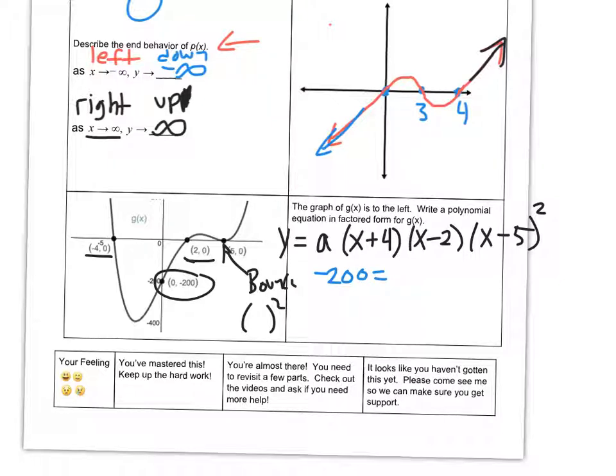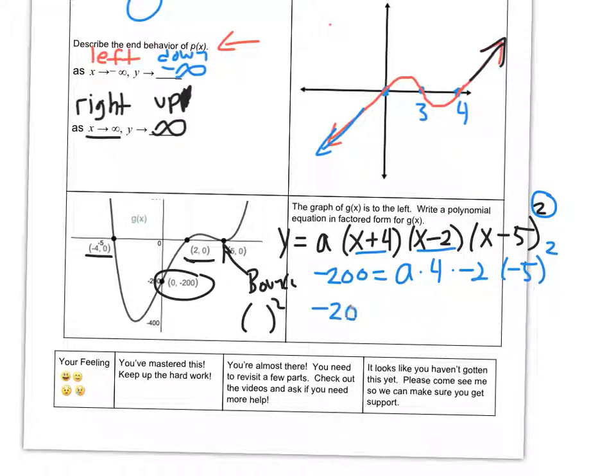So that gives us negative 200 is equal to a, whatever number that is, times 0 plus 4, which is 4, times 0 minus 2, which is negative 2, and 0 minus 5, which is minus 5, but we still have that squared there. I'm going to clean this up a little bit.